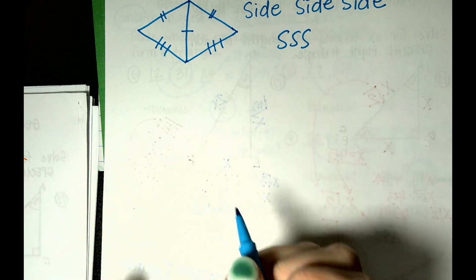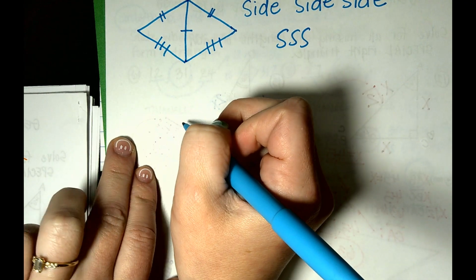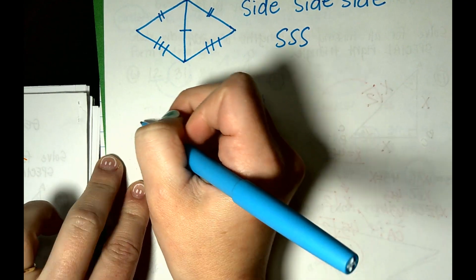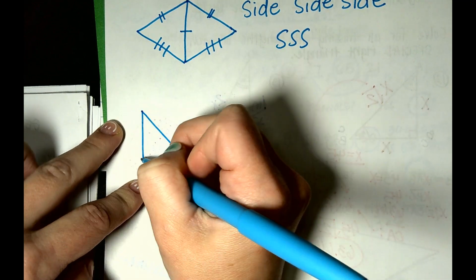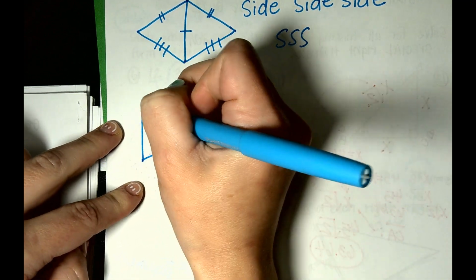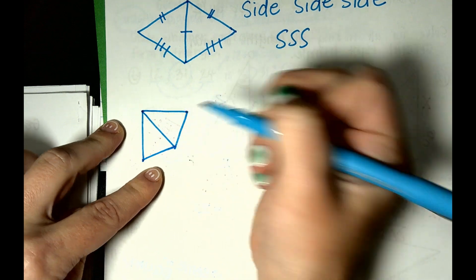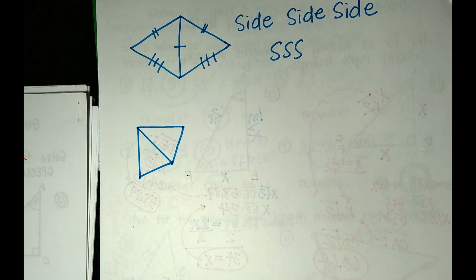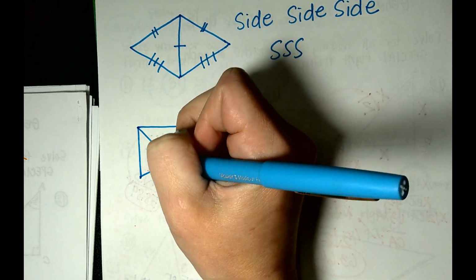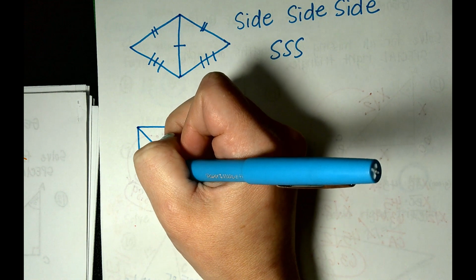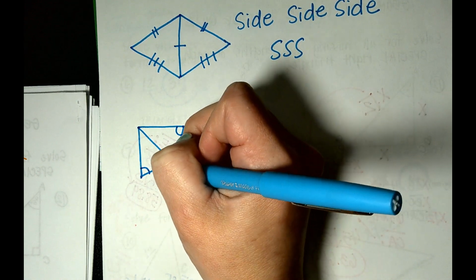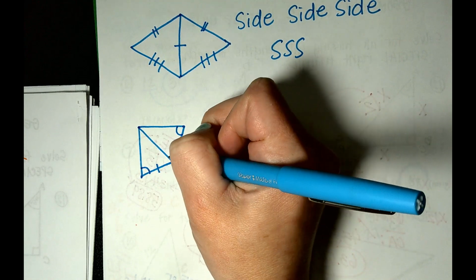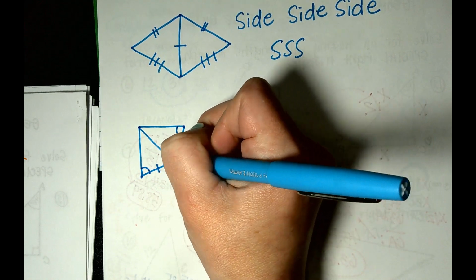So that's a type of congruence. There's also, I mean, it just really depends on what is given. It doesn't matter exactly how you draw it. There's another example of maybe we know the angle is the same, then the side is the same, and then this angle is the same.